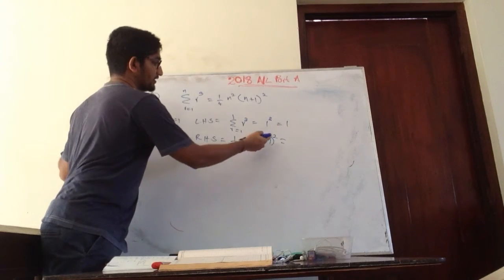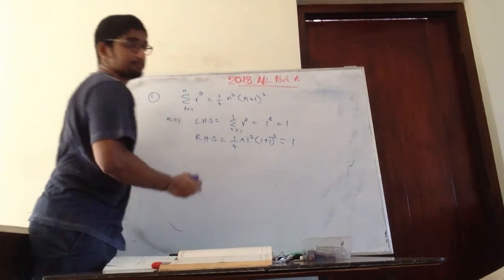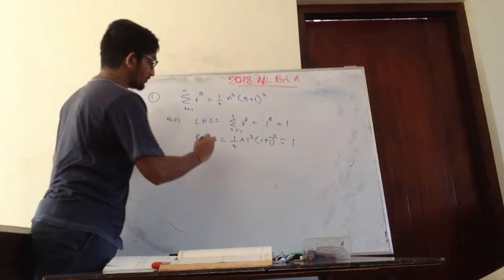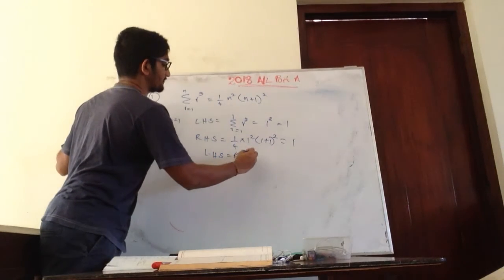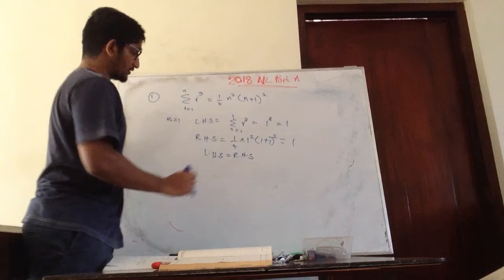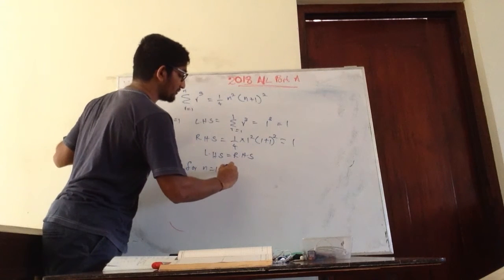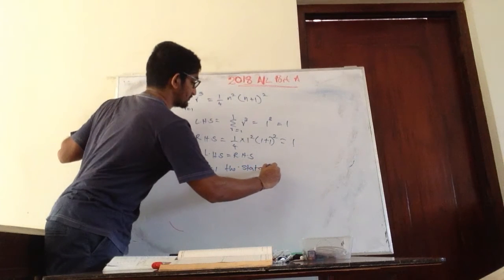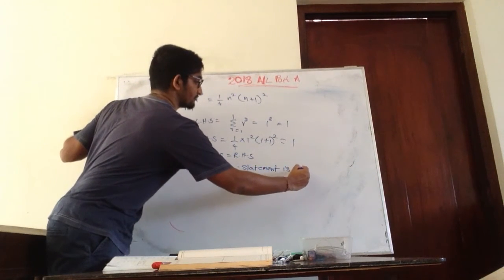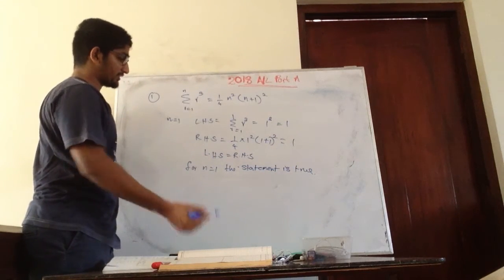So this is 1, this is 2, 2 squared is 4, divided by 4 is going to be 1. So the left hand side is equal to the right hand side. So for n equals 1, the statement is true. Correct, no? So what do we do next?